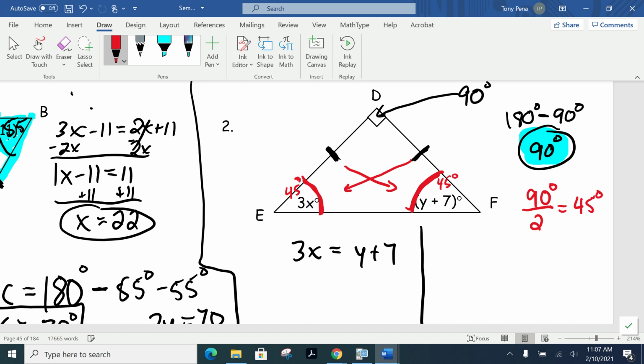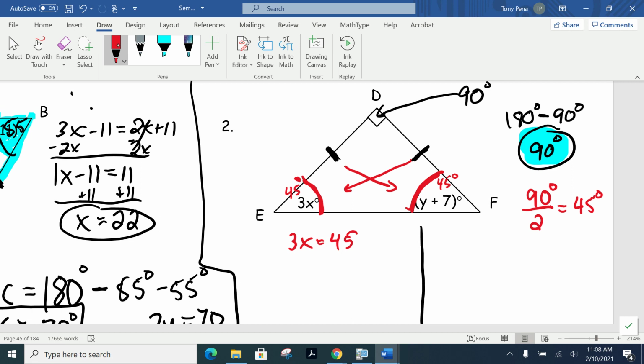So that's great. Now, we still got a little work to do, right, Andre? So now how can we use that idea to get x and y? Do you know? Good. So this was defined as 3x, and we now know that must equal 45 degrees.